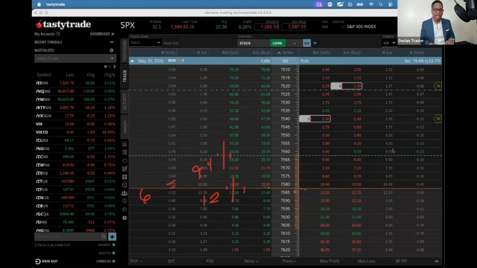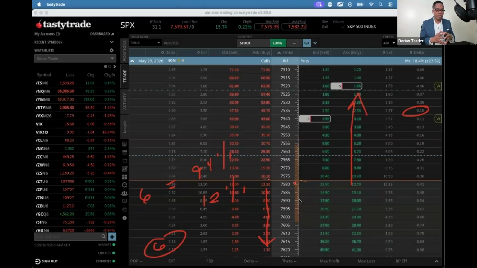But when you're doing an iron condor, you need to add up both sides, right? Because the market can, let's just say it was a 6 on this side, like we said, the market could go down a lot. This is going down on an option chain, or it can go up a lot. Okay. And it can touch the put side or it can touch the call side. So you want to have the best kind of idea of what will happen probabilistically touch wise.